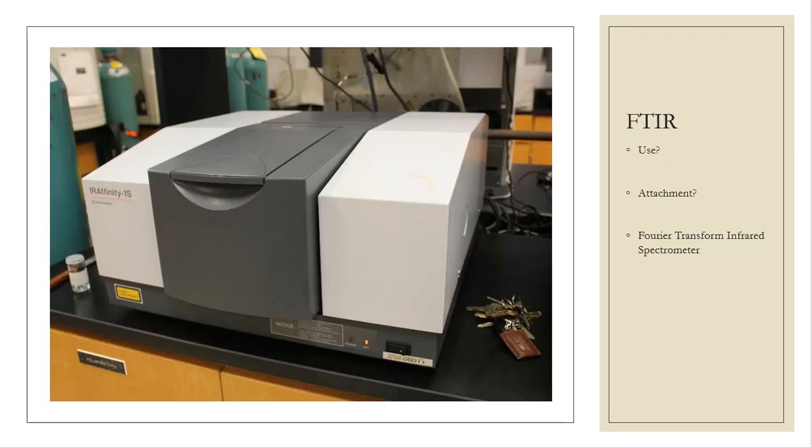Here's the FTIR instrument. We have the instrument manufacturer from Shimadzu. Shimadzu is a Japanese company, and they specialize in analytical instrumentation for a laboratory. So Shimadzu is going to be the company name. FTIR is going to be the instrument that we're going to be using. And one of the first things that I want to do is turn the instrument on.